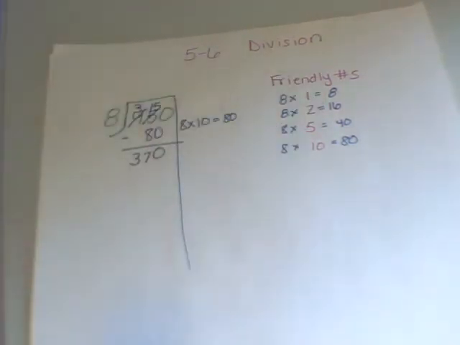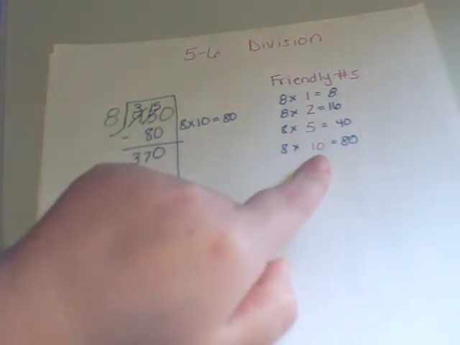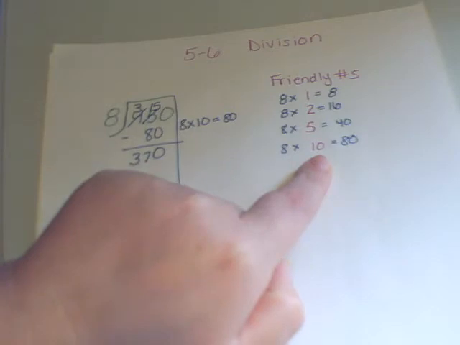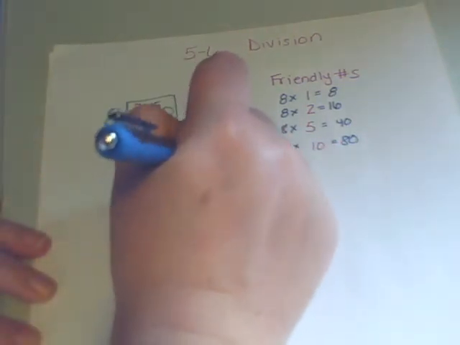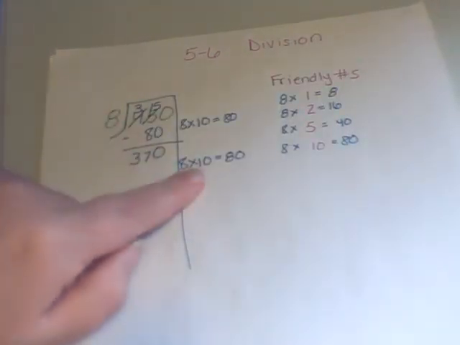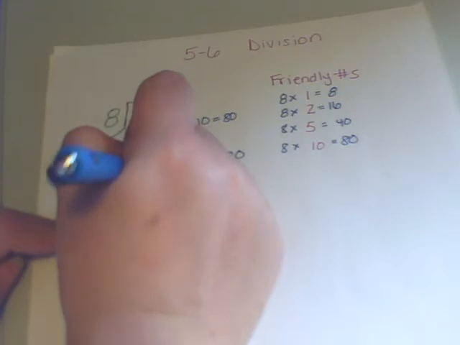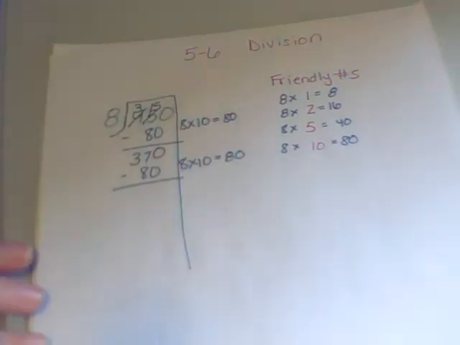And when I look at my friendly numbers, the closest one to 370 is going to be multiplying by 10 again. So I'm going to have to do 8 times 10 again. 8 times 10 is 80. And I'm going to subtract again.